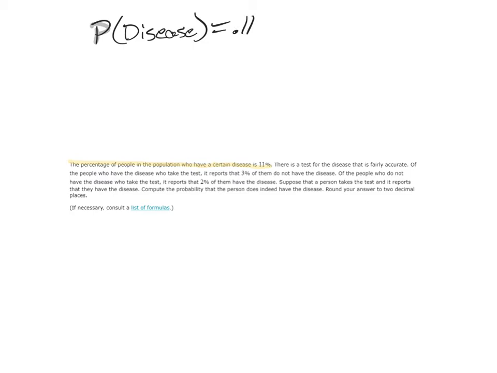There is a test for the disease that is fairly accurate. Of the people who have the disease who take the test, it reports 3% of them do not have the disease. All right, now this can get really complicated, so don't give up on it.